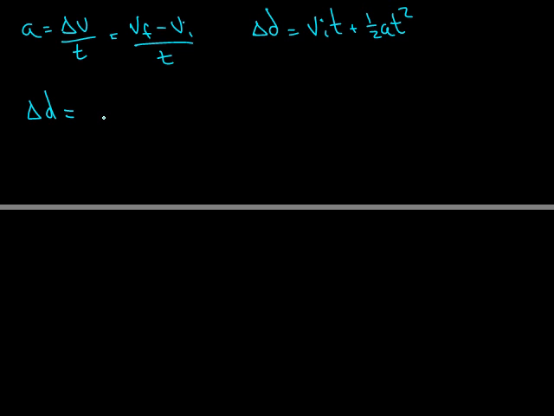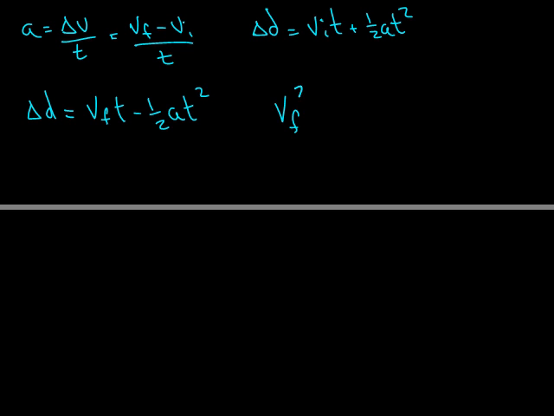If we have delta d is equal to vft minus 1/2 at squared. So you can see this one here, if we don't have vi and we do have vf, we can use that formula.